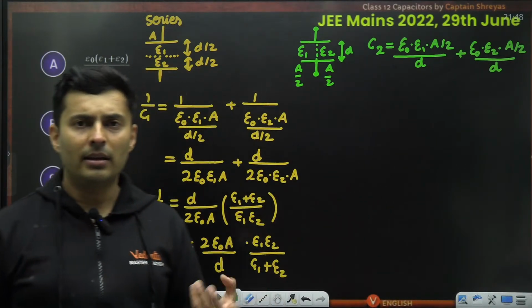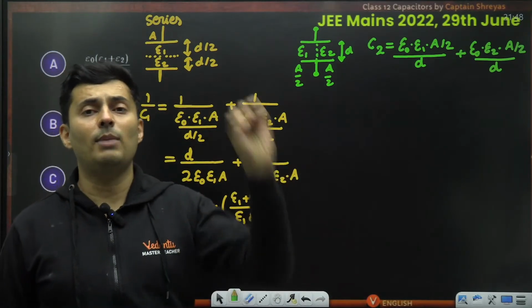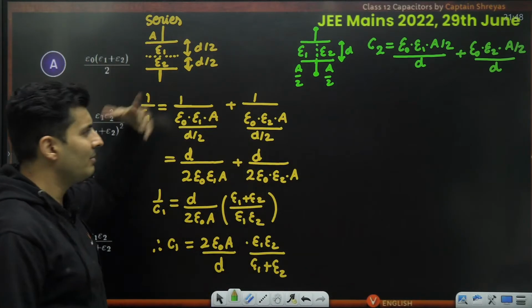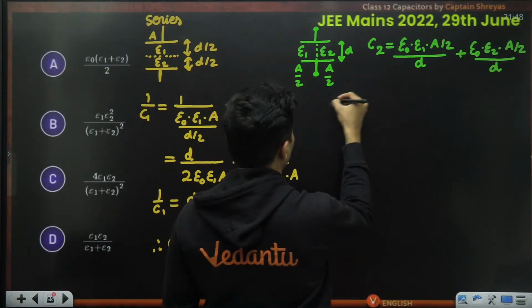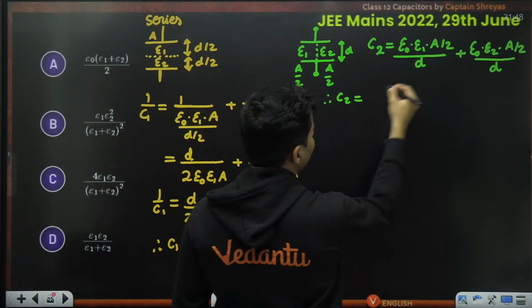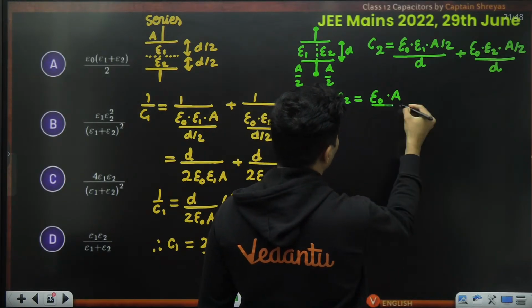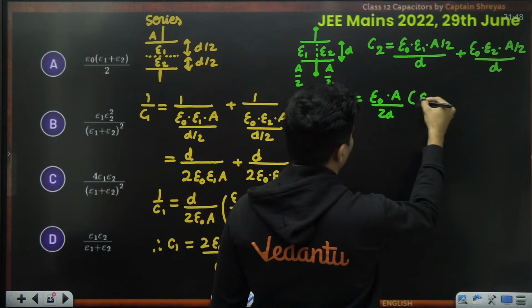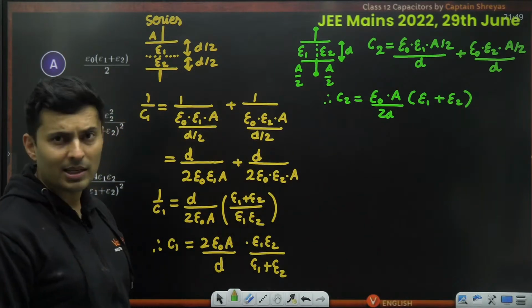Parallel capacitance is epsilon naught A by D, but the permittivity has to be multiplied by the dielectric constant, which is epsilon 1 and epsilon 2 in the two cases. Okay, let's do the math. So C2 will be epsilon naught A by 2D, which is common, times epsilon 1 plus epsilon 2.